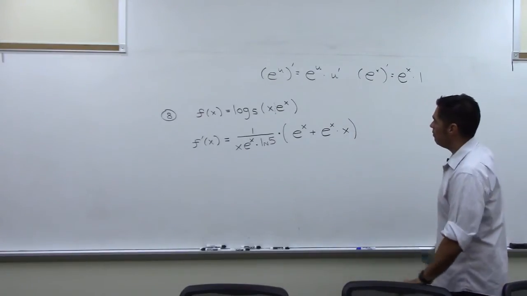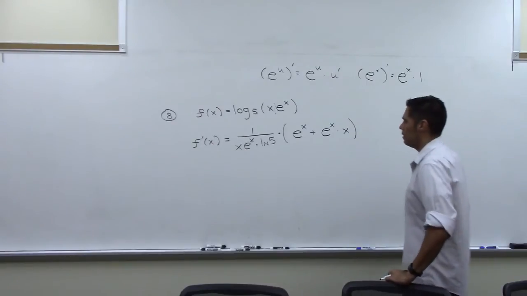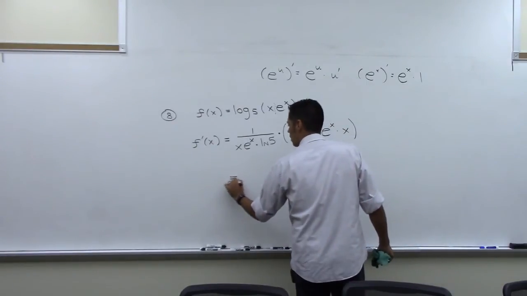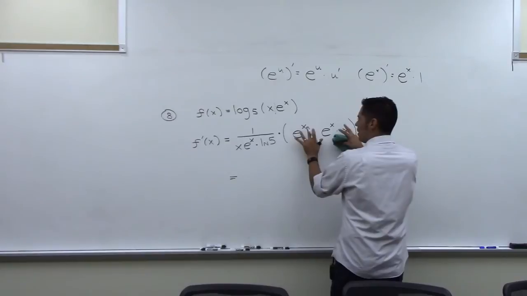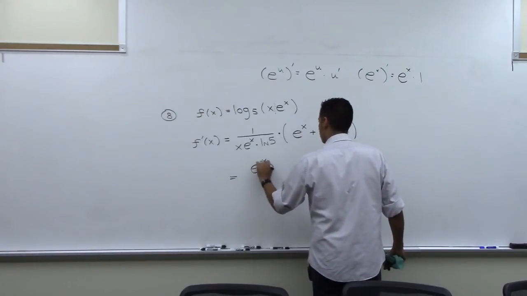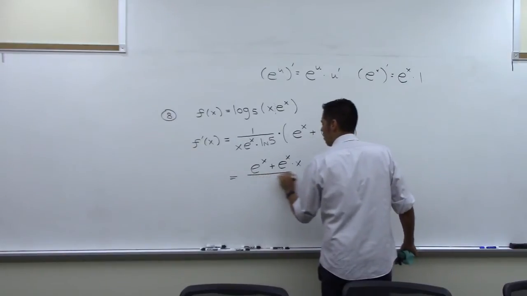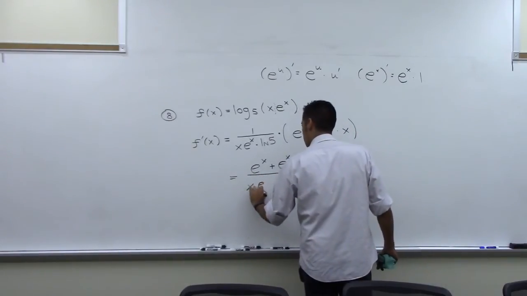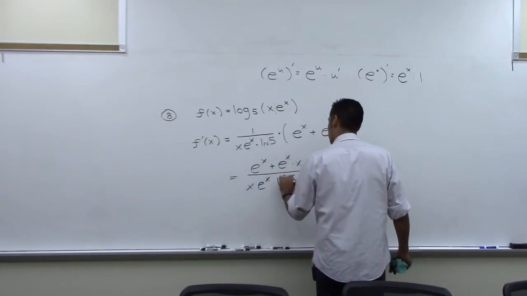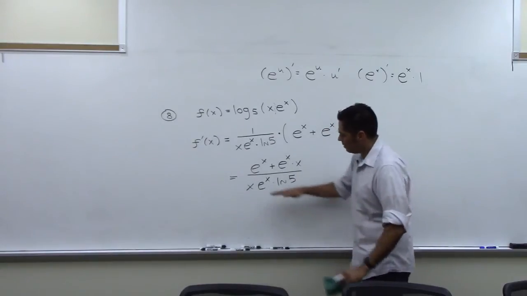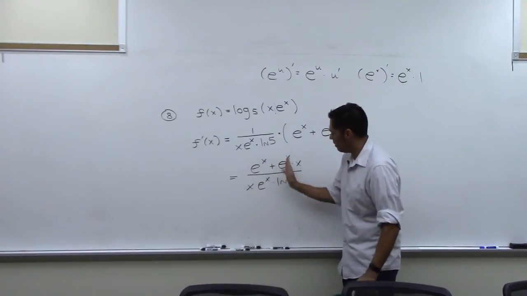And then what I could probably do, I see something, I could rewrite this. This is going to be on the top, e to the x plus e to the x times x over x e to the x times natural log 5. Notice that I have an e to the x down here, I have an e to the x here, and e to the x here.